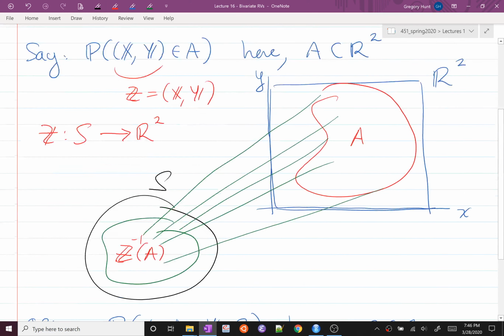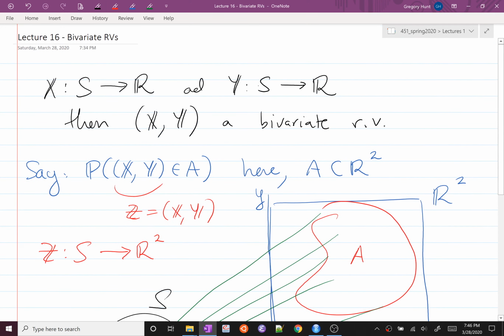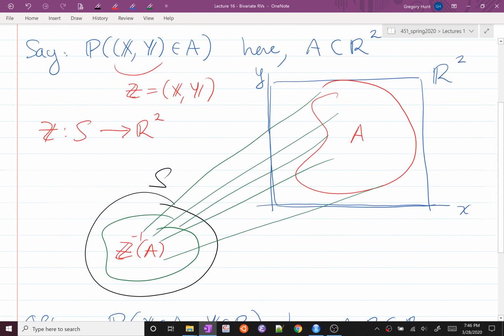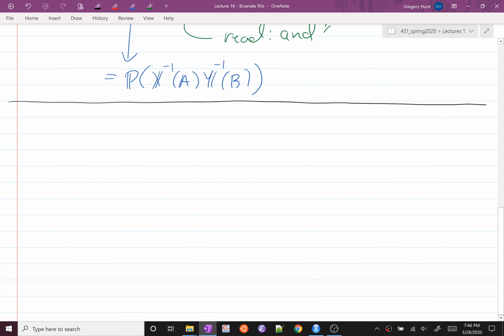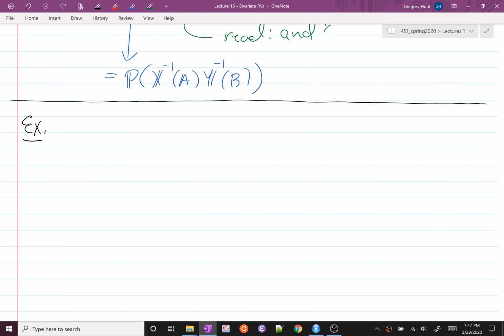Practically, the way we work with bivariate random variables is we think about it as a two-component vector where each of the components are themselves univariate random variables. So we can look at a real simple example. Our example here is going to be a twist on one that we've seen before.